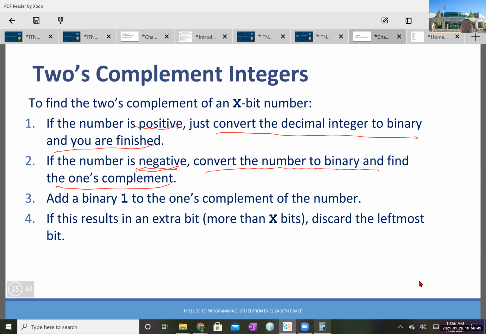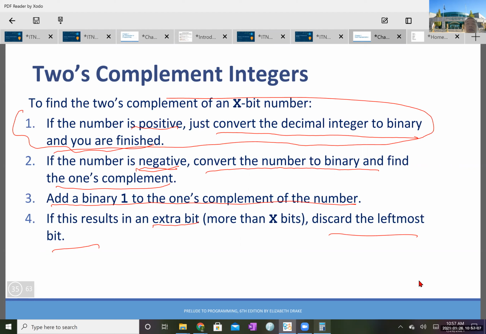Then you add the number 1 to the one's complement, and if the result has an extra bit, that means you have overflow, and you discard the leftmost bit. So for the negative, convert it to one's complement, then add 1, and if you have overflow, discard the leftmost bit.